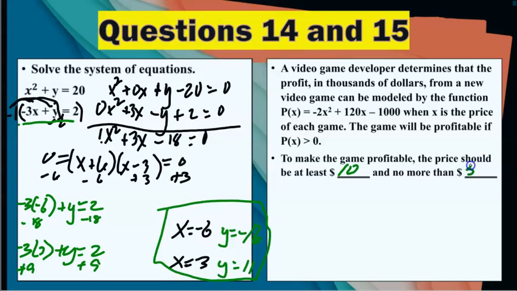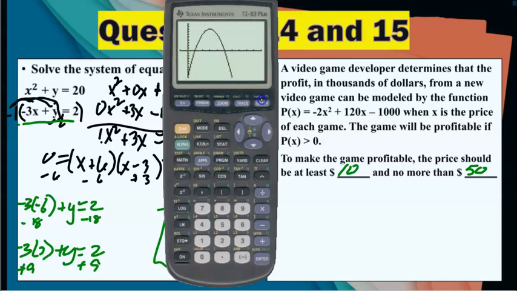So they will make a profit when it's at least $10 and no more than $50, because the graph, so if I go back to my table or my graph here, anything between 10 and 50, it's above the x-axis, which means it's above 0. That means they will make a profit.